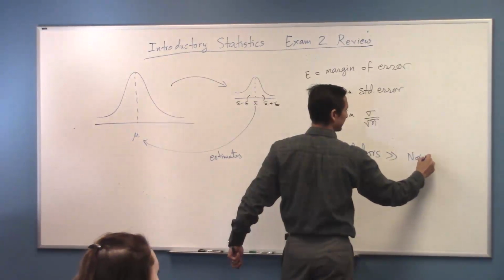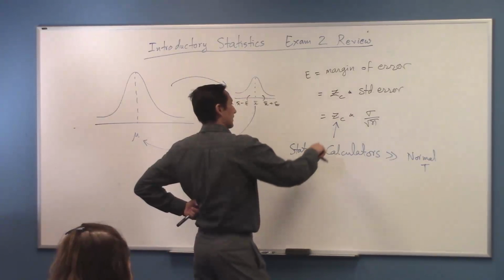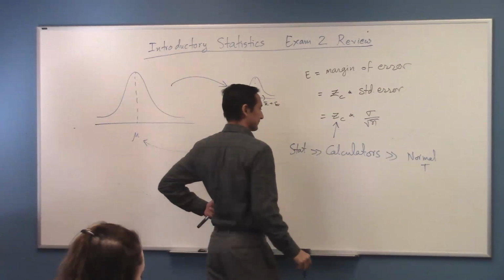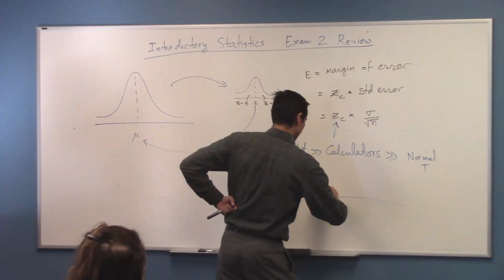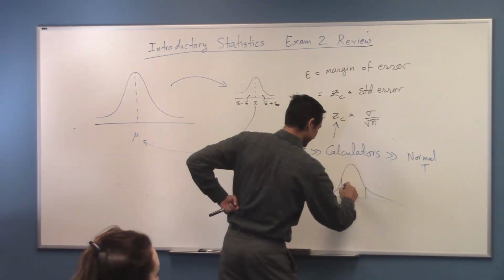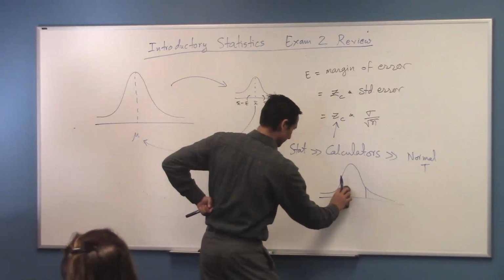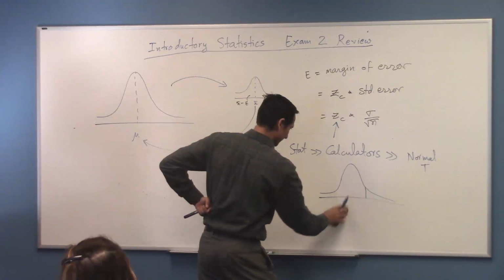Normal or t. And then you will find the middle area C. So you're saying either normal or t, depending on what they're asking?